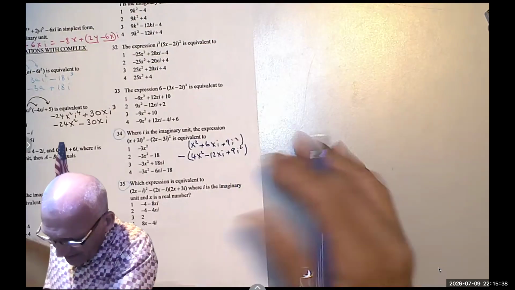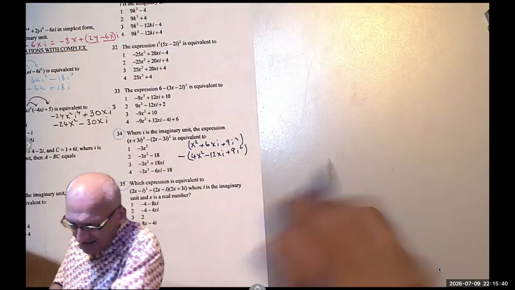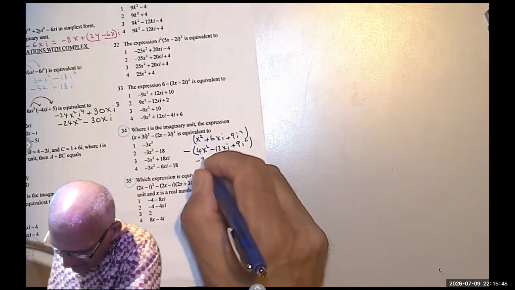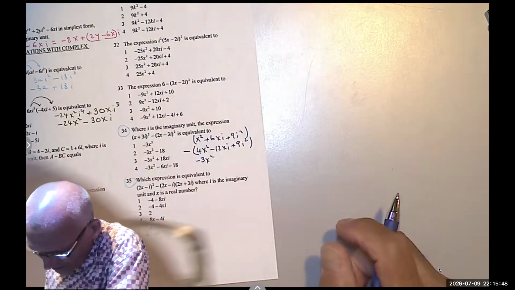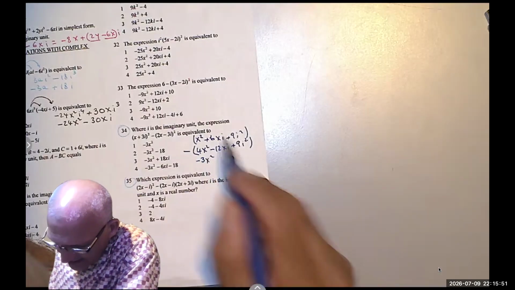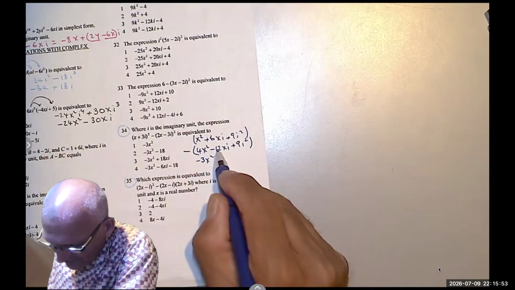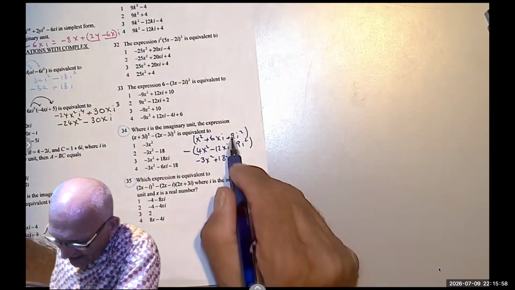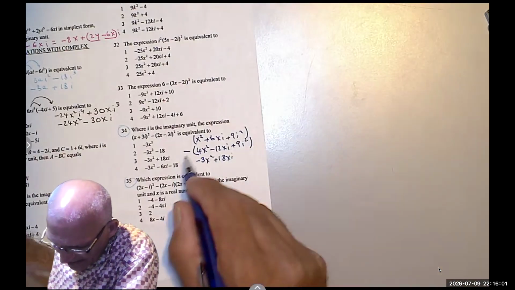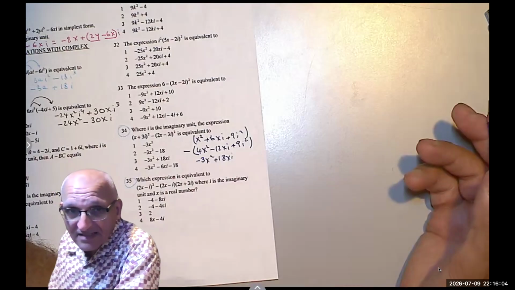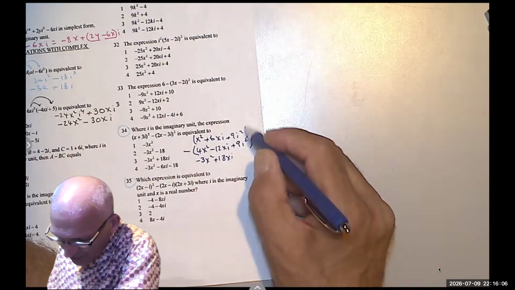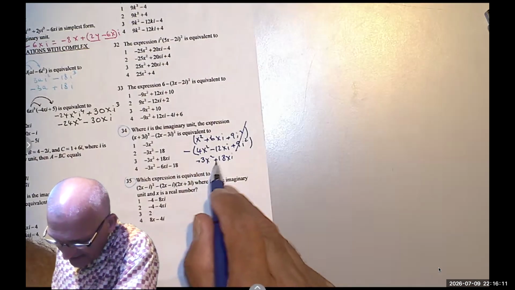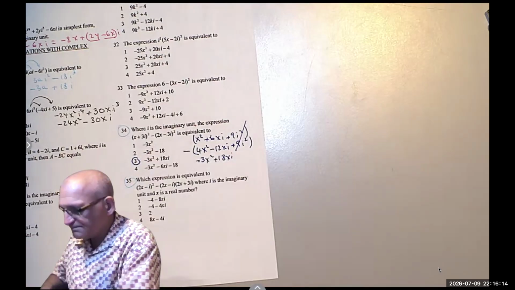We can subtract and then see what we get at the end. x squared minus 4x squared is negative 3x squared. 6xi minus negative, meaning plus 12xi, is positive 18xi. 9i squared, which is negative 9, minus negative 9 equals 0. They cancel each other. So the answer is negative 3x squared plus 18xi, which is number 3.